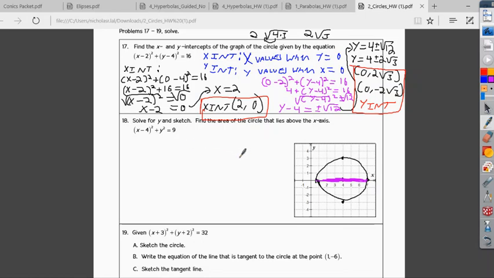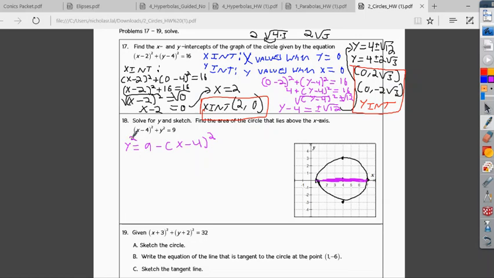So solving for y, y is going to be all the y values of the circle. If you really wanted to, y squared is equal to 9 minus x minus 4 squared.